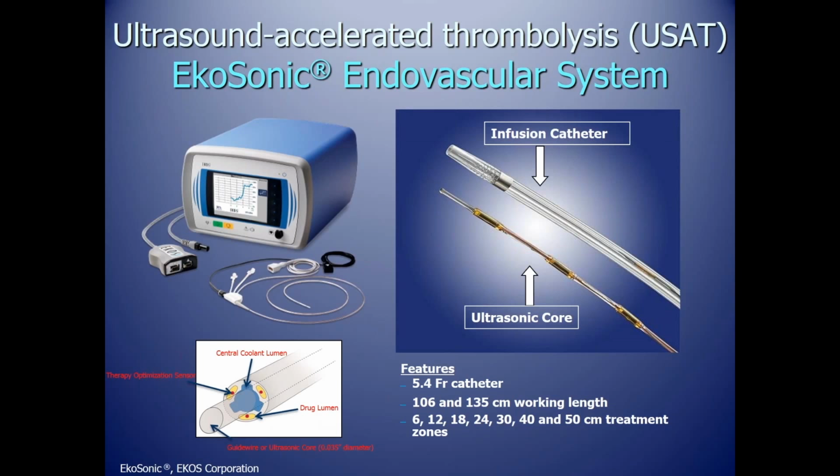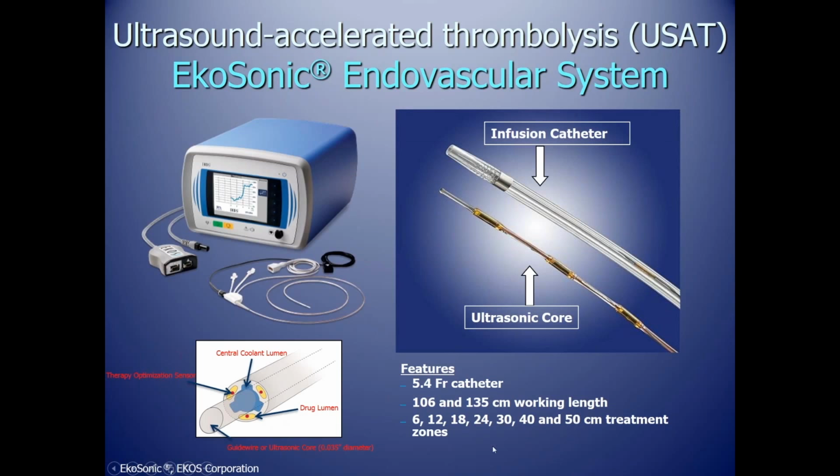hour. And in the center is the ultrasound core, and this is really the main engineering of this device, where you have these ultrasound elements which are evenly distributed at 1 centimeter increments, and they're going to generate ultrasound energy along the course of the catheter. The catheter comes in lengths between 6 centimeter and 50 centimeter treatment zones.